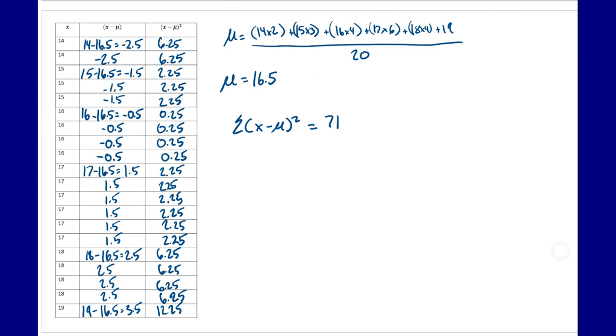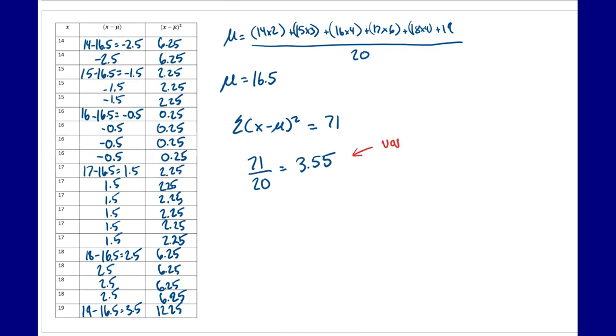So we add them all up, we get a sum of 71. Now we have to find the average by how many we have. So 71 divided by 20 equals 3.55. Technically, that is the variance.